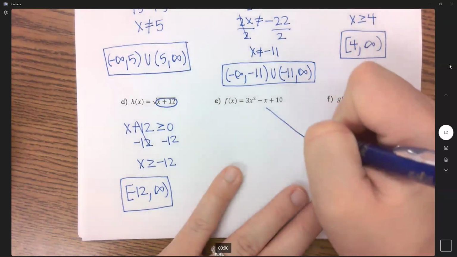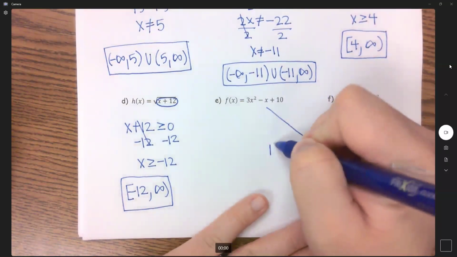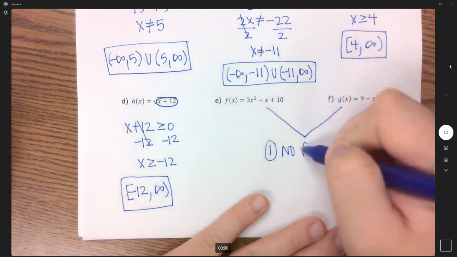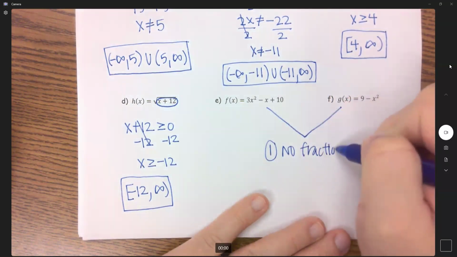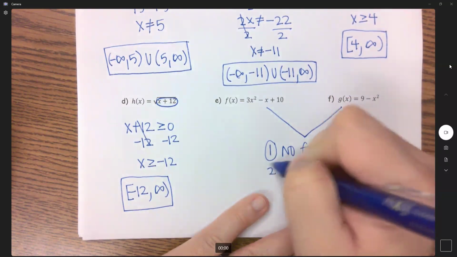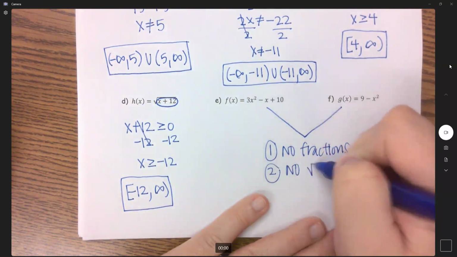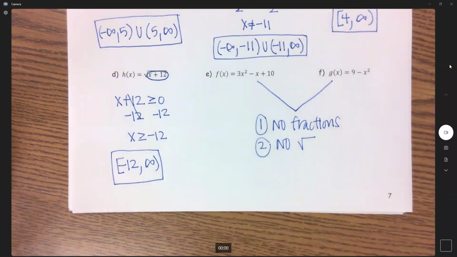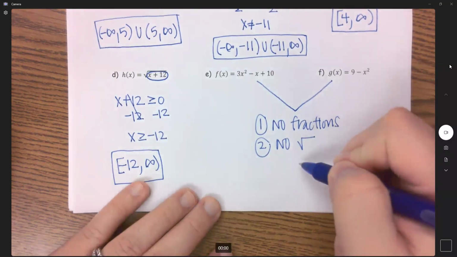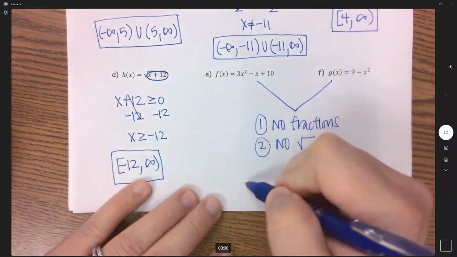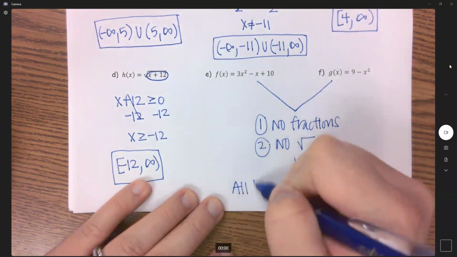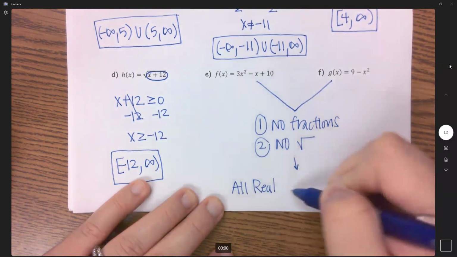So when I have 1, no fractions, and 2, no square roots, meaning I'm not going to violate either of my 2 mathematical commandments, then my answer is all real numbers.